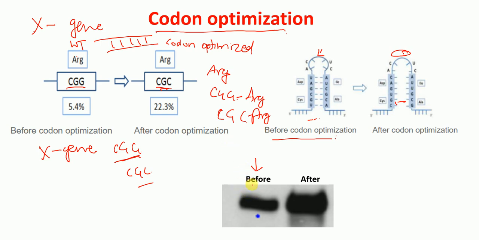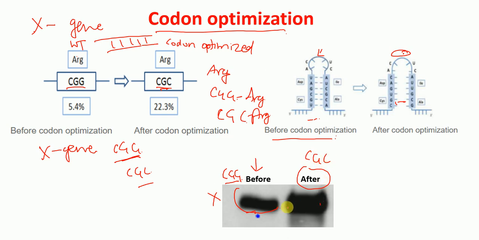Before codon optimization, when we perform the Western blot, this is the expression level of this protein X. This before condition is with codon CGG, and this after condition is when this CGG codon was replaced by CGC.